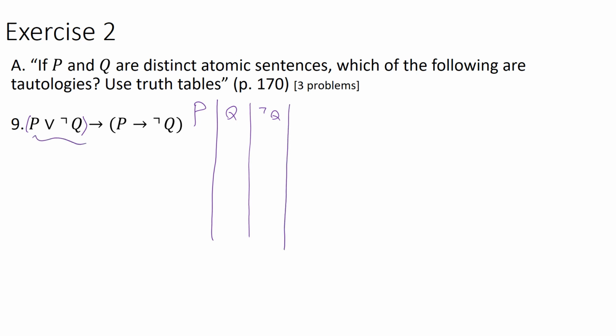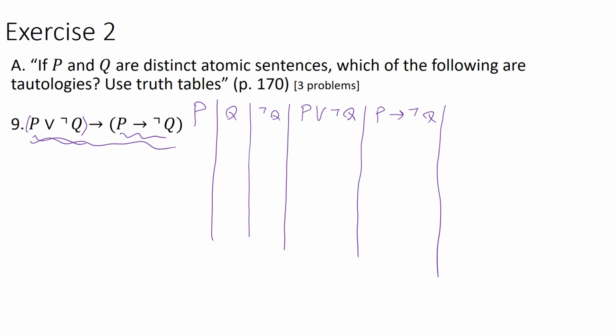We have this disjunction here, P or not Q. We have this molecular sentence, if P, then not Q. And now we can tackle the entire sentence, parentheses, P or not Q, close parentheses, arrow, parentheses, P, arrow, not Q, close parentheses.